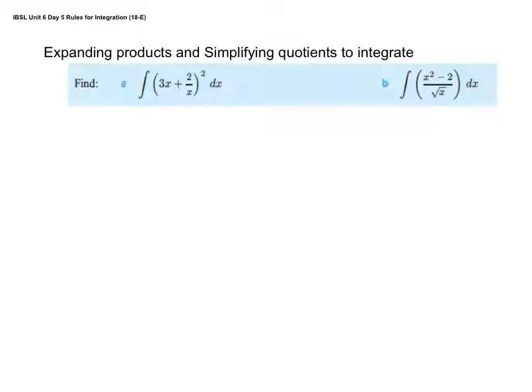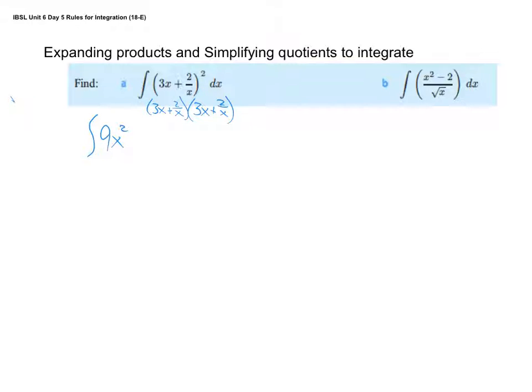So, for example, what am I getting if I FOIL the 3x plus 2 over x squared? 9x squared, good.